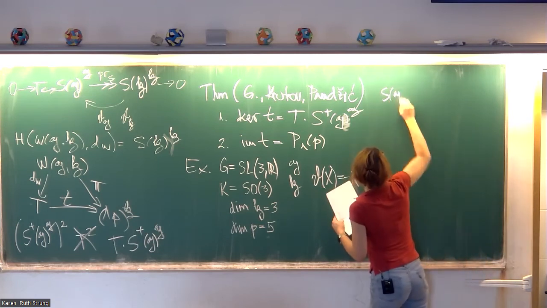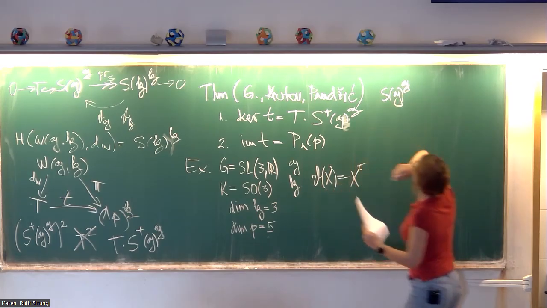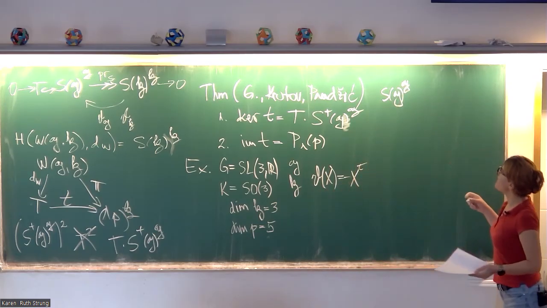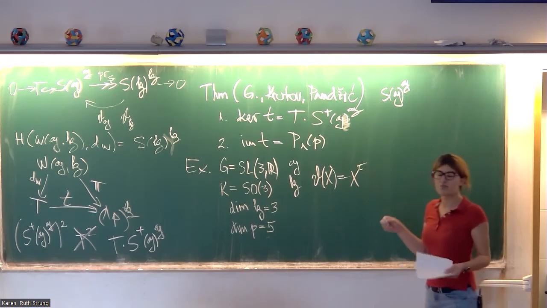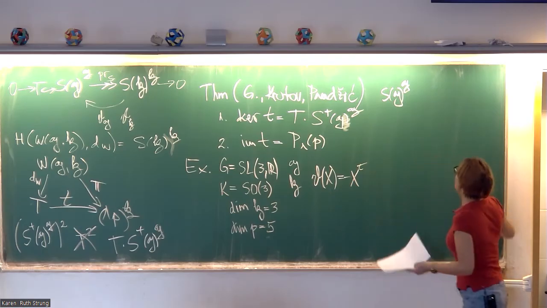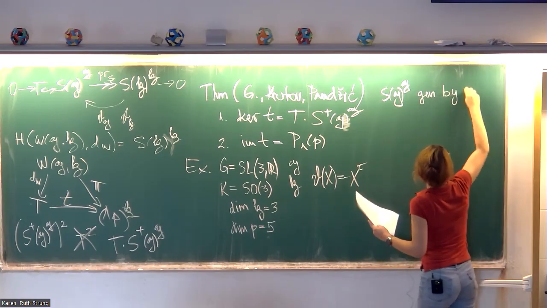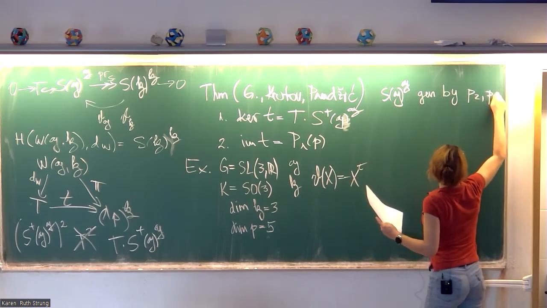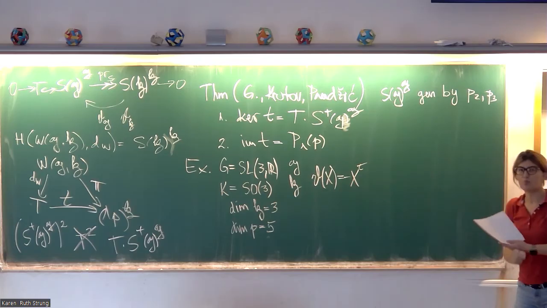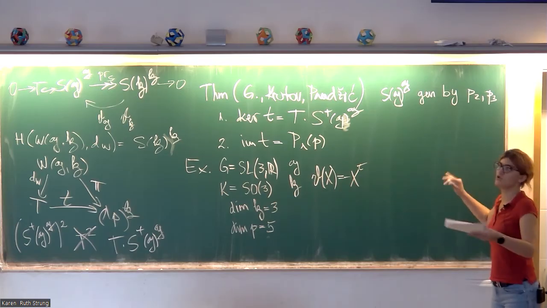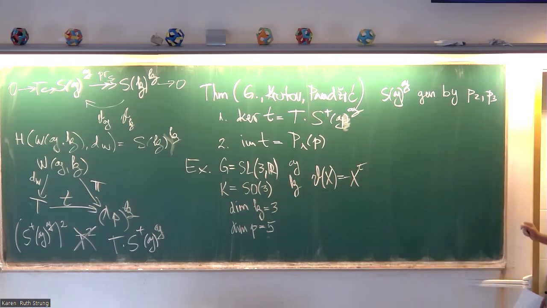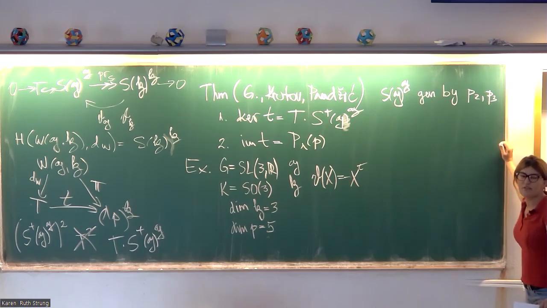Now, G invariants in the symmetric algebra of G are generated by 2 elements. I will denote them as P2, P3. Those are my symmetric primitive generators. Why P2, P3?